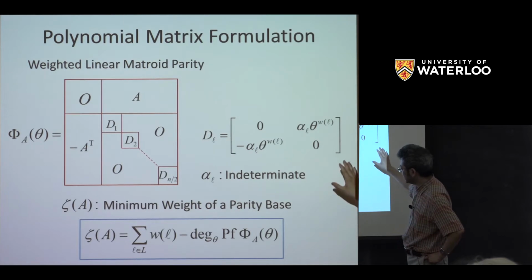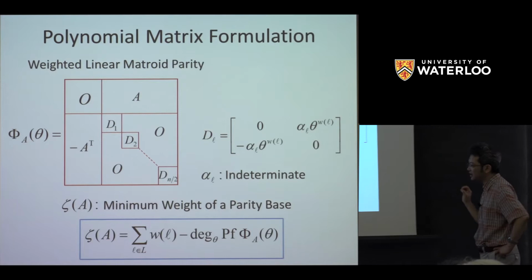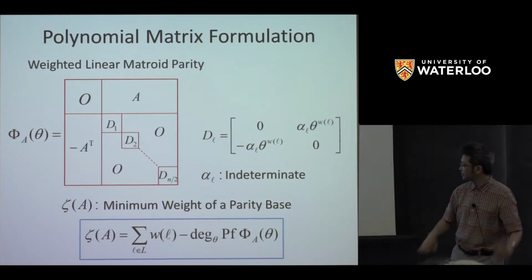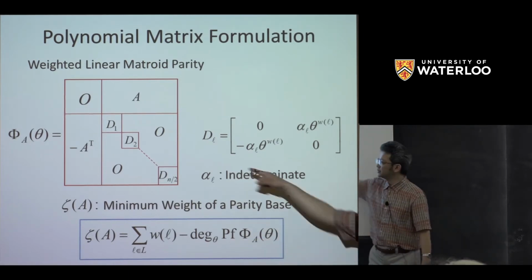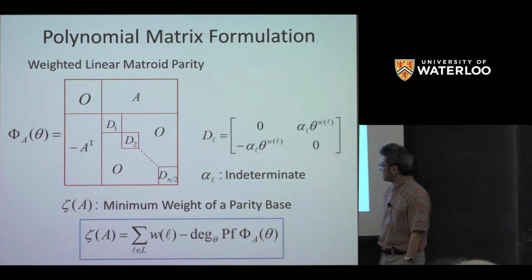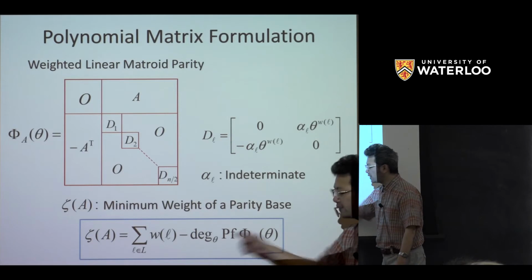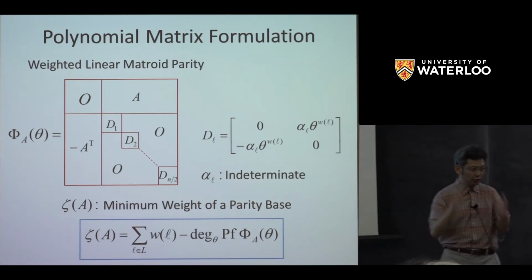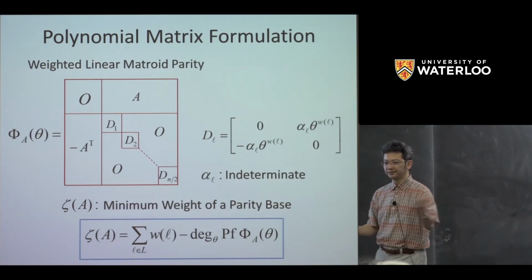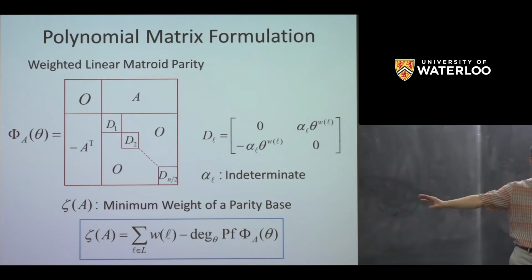And we can easily prove that the minimum weight of a parity base is equal to the sum of all these weights minus the degree of the Pfaffian of this skew-symmetric matrix. Since this is a polynomial matrix in theta, the Pfaffian becomes a polynomial, and its degree takes the largest exponent in this expansion.